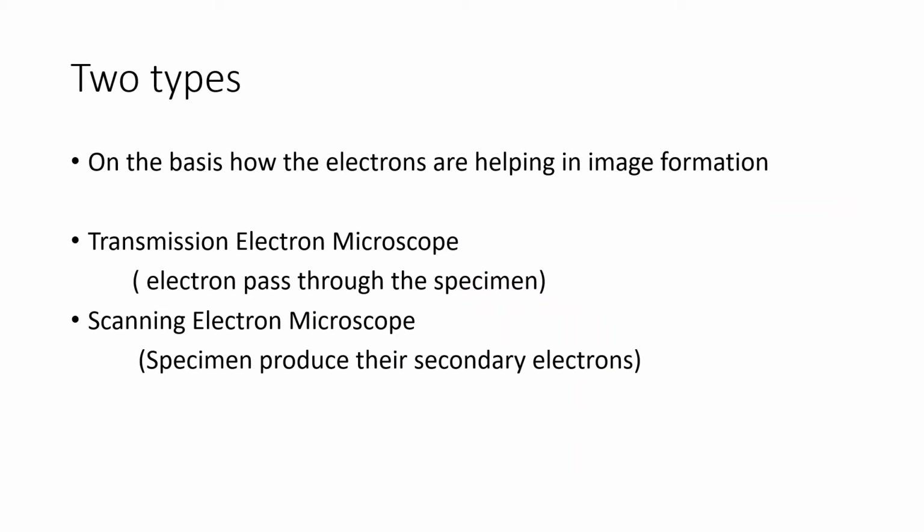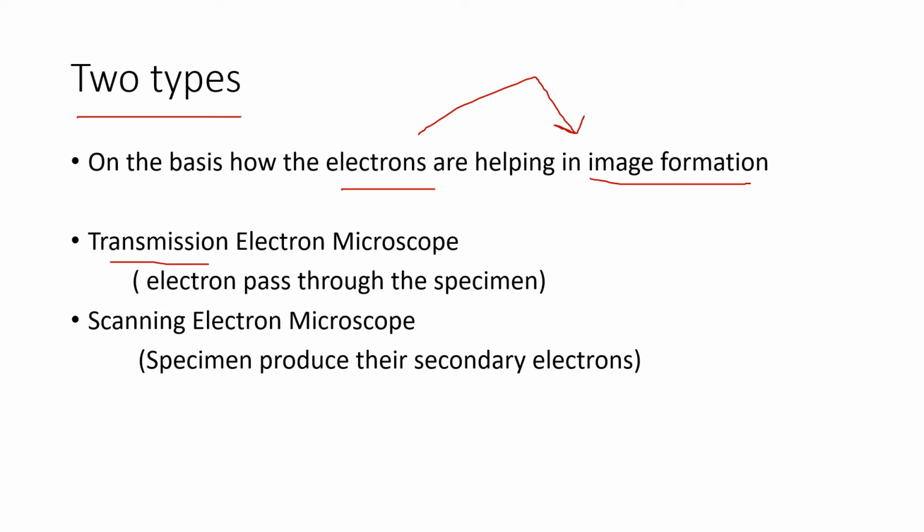Now, we're gonna talk about two types of electron microscope on the basis of how the images are formed. These images are formed, of course, by electrons, but how are we using those electrons to form the image? If the electrons pass through the specimen, it is called transmission, because they get transmitted through the specimen. Clear?